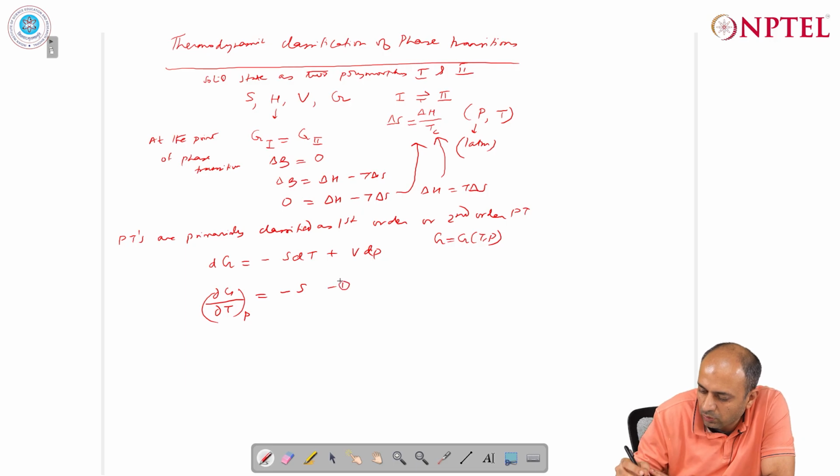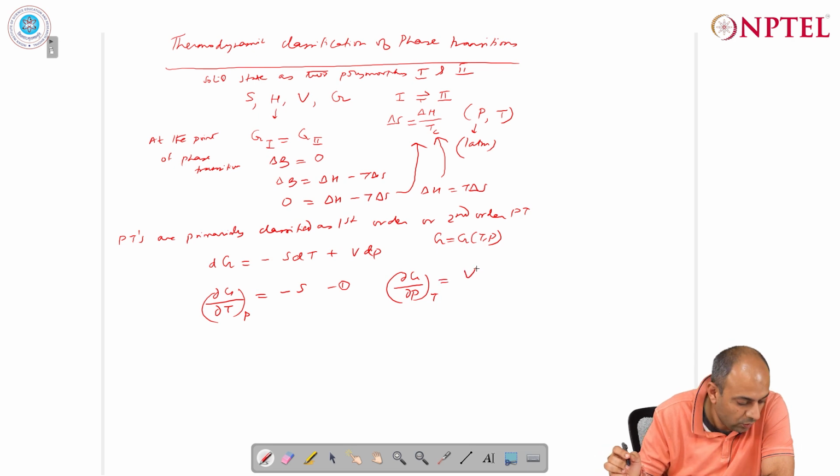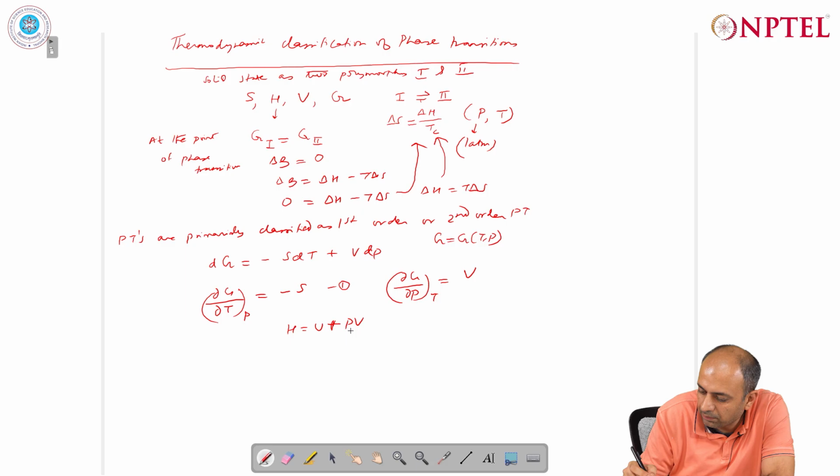This is expression number 1. And dou G by dou P at constant temperature gives us V, that is, the volume is represented by the change in G as a function of pressure at constant temperature. We also have the other relationship, H = U + PV, where U is the internal energy of the system, H is the enthalpy, P is the pressure, and V is the volume.